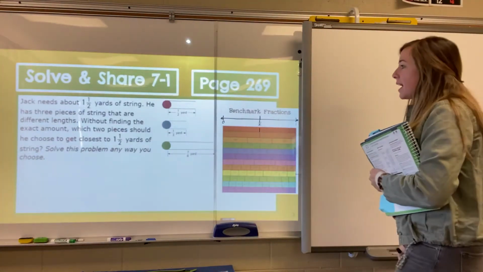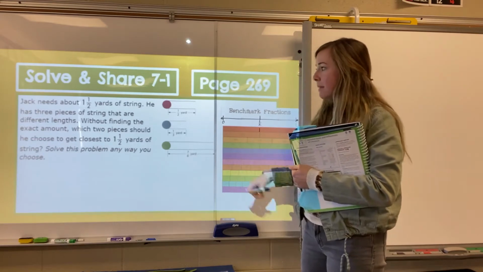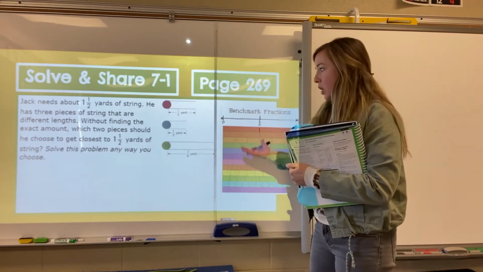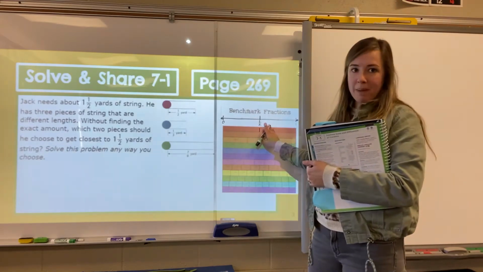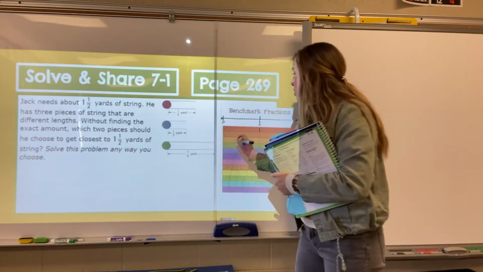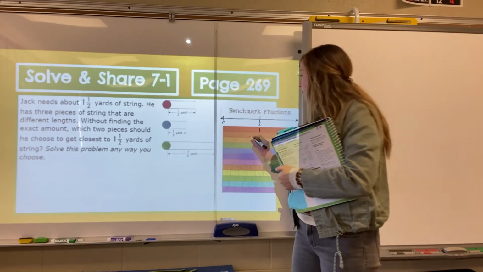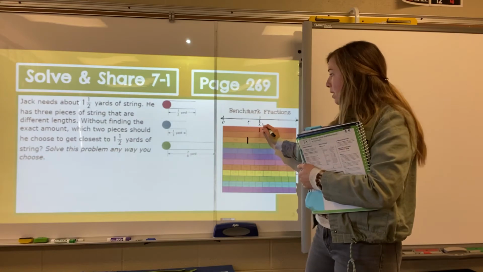Okay, let's go ahead and take a look. Well, I know I need one of my strings to be about 1 yard. And so if I'm looking at this, well, 1/2 yard, I know, okay, that's gonna go to my benchmark fraction 1/2. 1/3 of a yard, so this is the 3rd row down, would be right about here. So that's pretty close to 1/2.